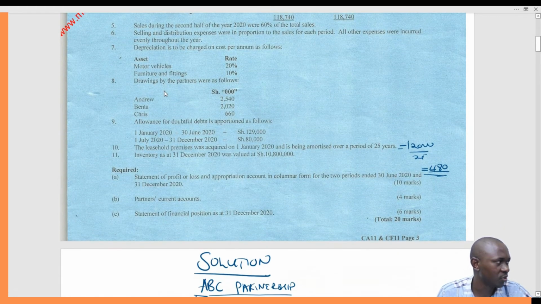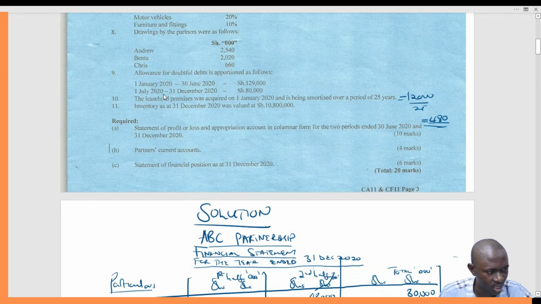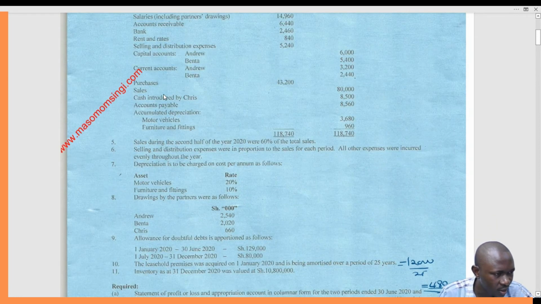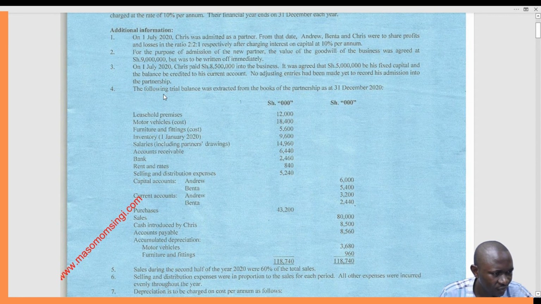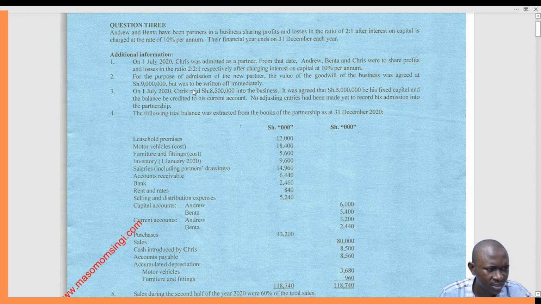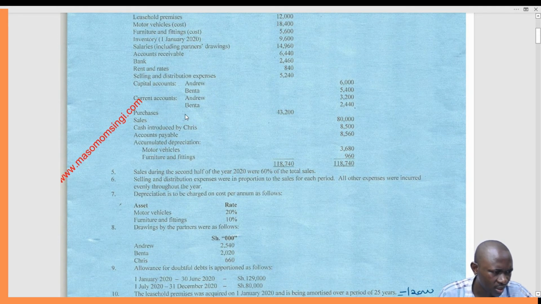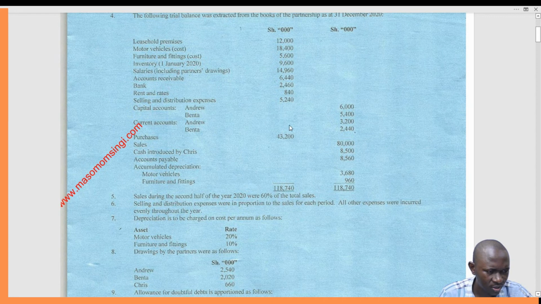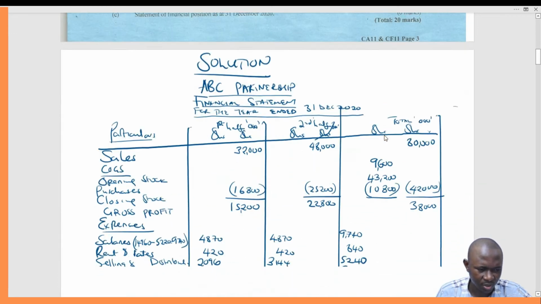It's very important because some of the information will come from the capital account. On 1st July, Chris was admitted as a partner and they share profits. For the purpose of admission, the new partner goodwill. This is quite straightforward. So A and B 6,000 and 5,400. And capital is a credit account.